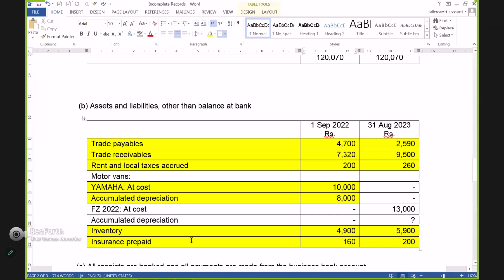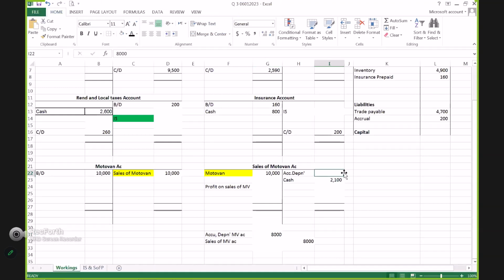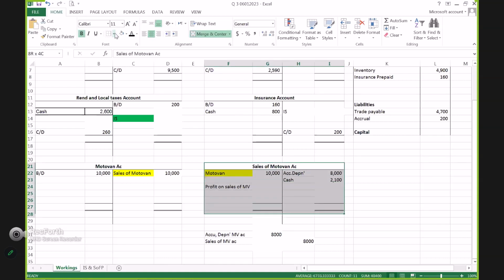Accumulated depreciation is already a credit balance, so you transfer it to the disposal account: accumulated depreciation account debit 8,000, sales of motor van account credit 8,000. Now you have to complete the sales of motor van account.